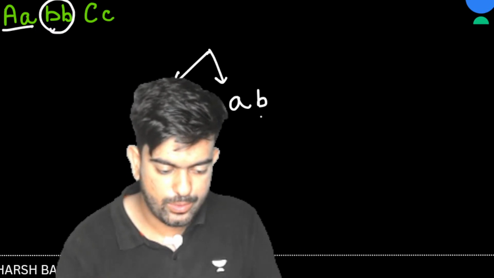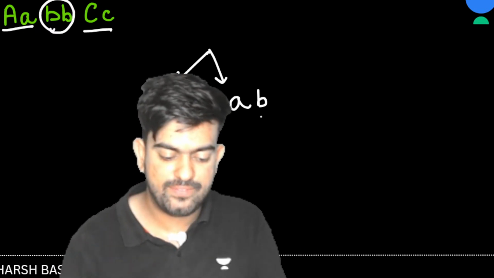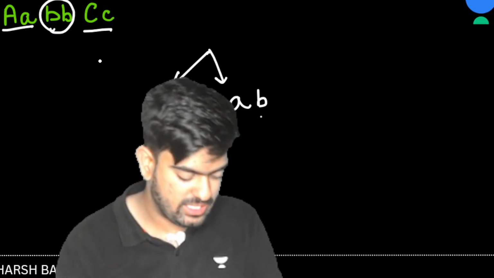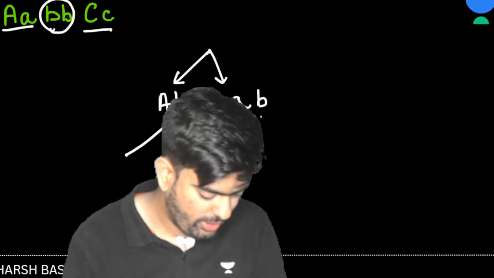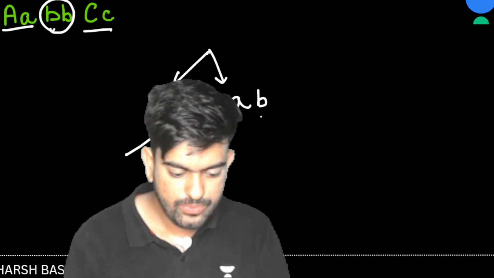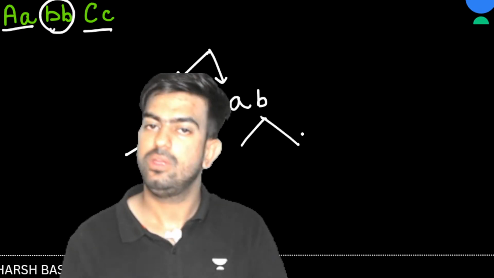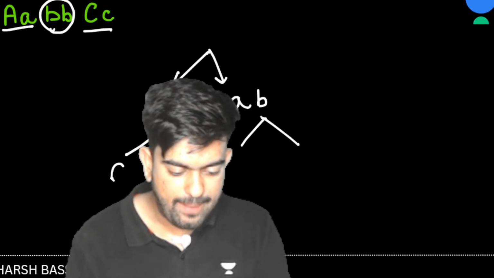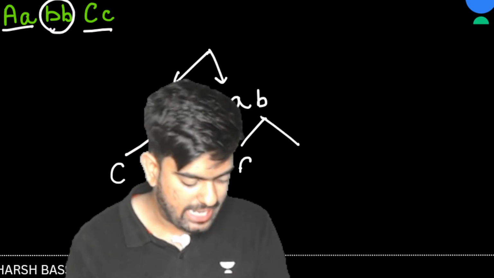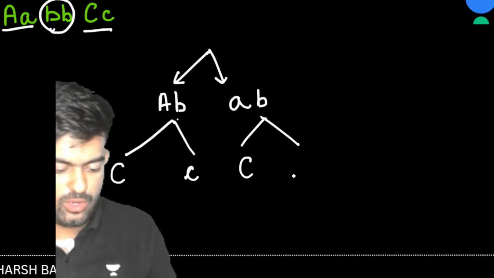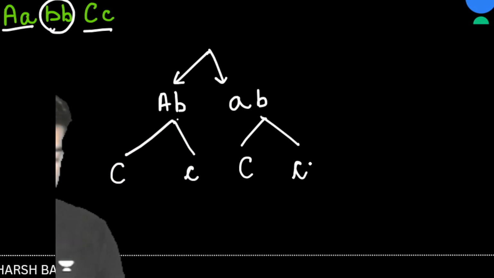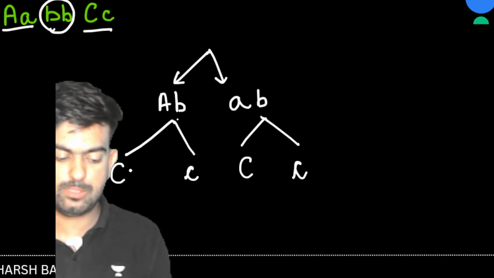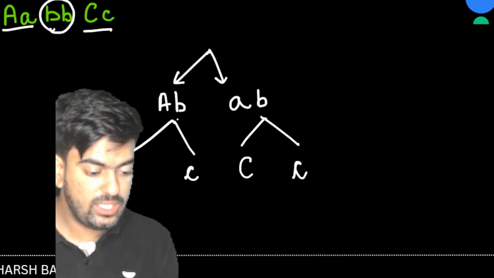Next, we have C. Yes, sir, we have C. Is it heterozygous? Yes, sir, it is heterozygous. So now we are going to bifurcate it again. So this is capital C, small c, capital C, small c. I'll move a little to the side so that you can see. Now, how are we going to get the gametes?